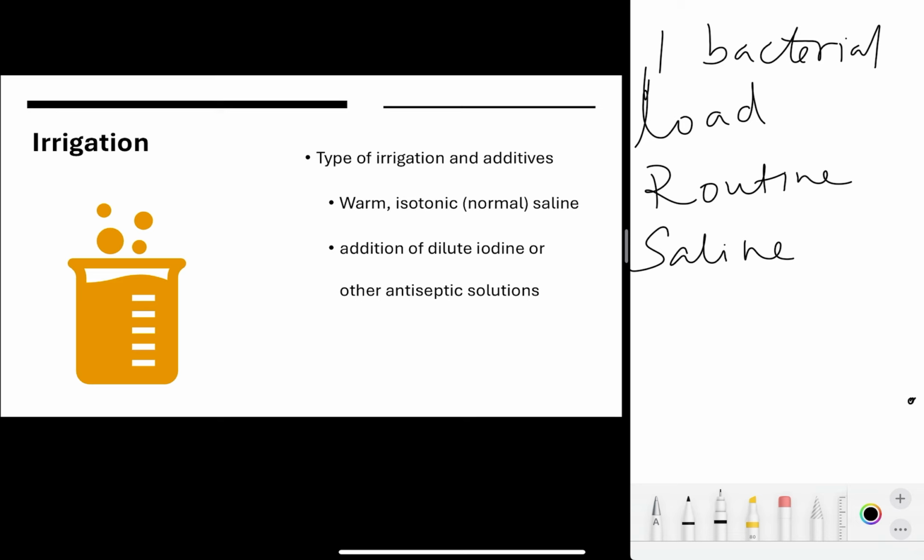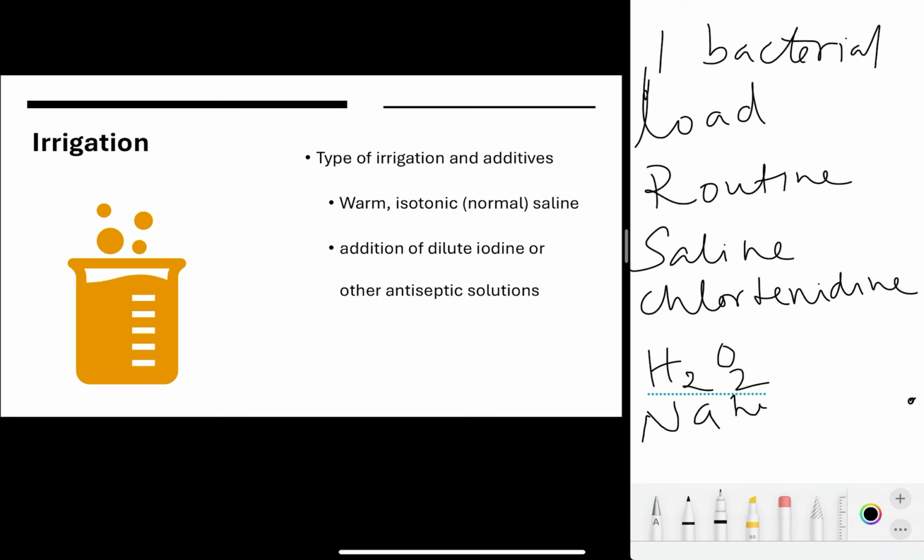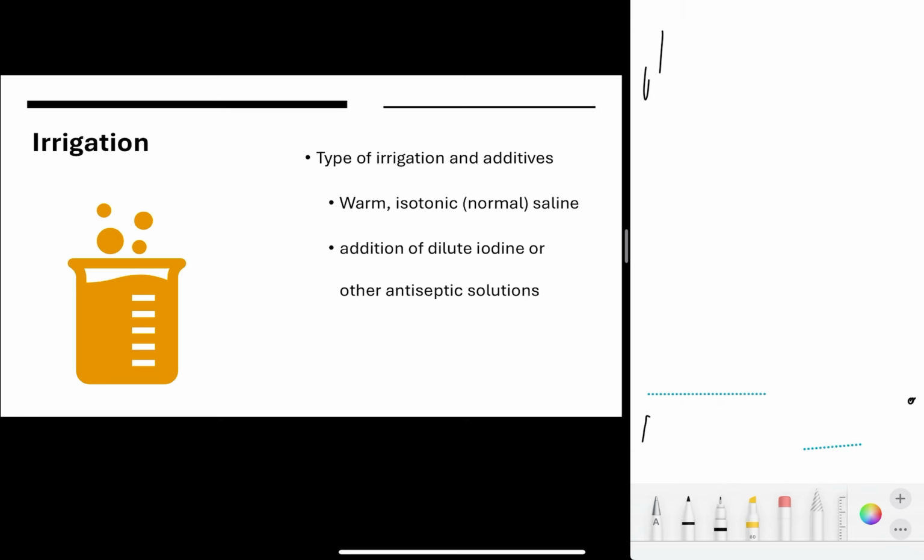Then the addition of dilute iodine or other antiseptic solutions like chlorhexidine, hydrogen peroxide (H2O2), sodium hypochlorite, or even antibiotics is not necessary. Simple irrigation with warm normal saline will help in the cleaning of the wound.